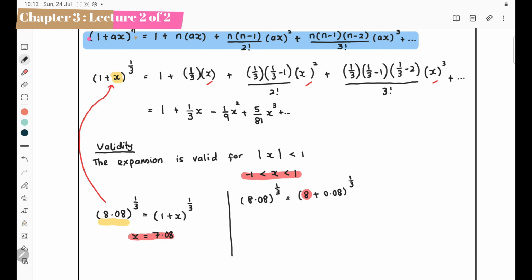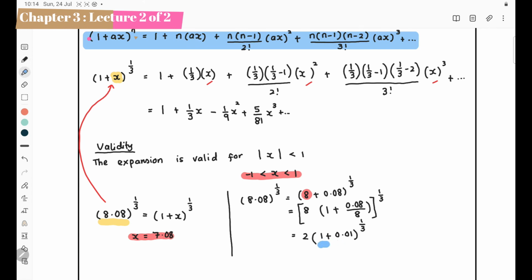To do so, we have to factor 8 out to have 8, big bracket, 1 plus 0.08 divided by 8, and then, here is supposedly my close bracket and power 1 over 3. Simplify it, we can get 2 times 1 plus 0.01 to power 1 over 3.